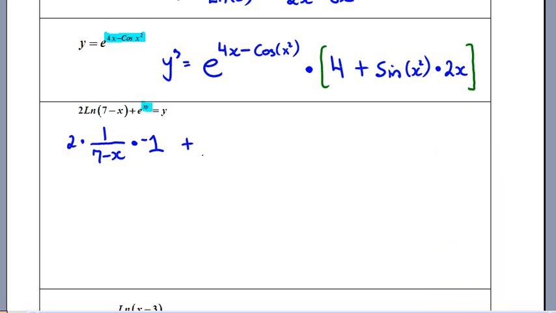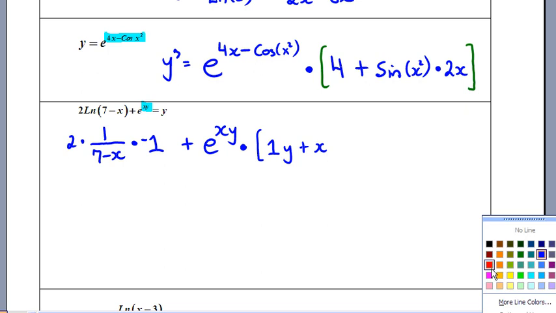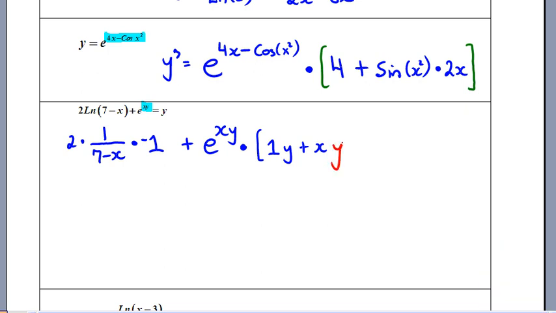Well, let's just treat that blob like it's x for a minute. I would have e to the xy, but I now need to multiply that, because that was cheating, by the derivative of xy. That's a product rule. Okay, derivative of x is a 1, multiplied by the y left alone, plus leave the x, and then the derivative of the y. Okay, so that's finally showing up to the party.